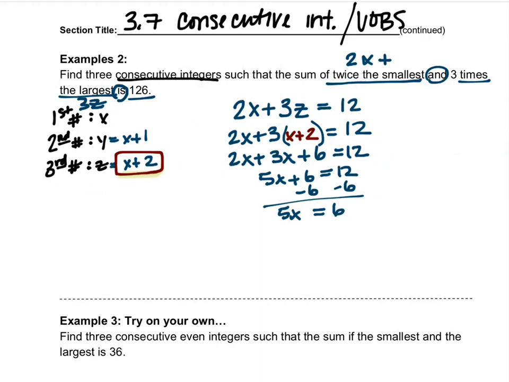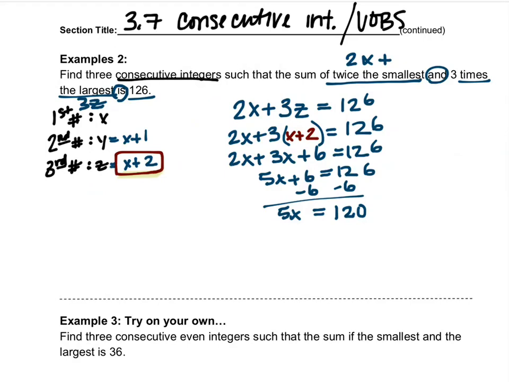When I take a look at this, I had erased something. This is not equal to 12, it's actually equal to 126. So I apparently erased the extra 6 on there. If I subtract 6 from 126, I'm going to have a different number. I'm going to have 120. That makes a lot more sense.